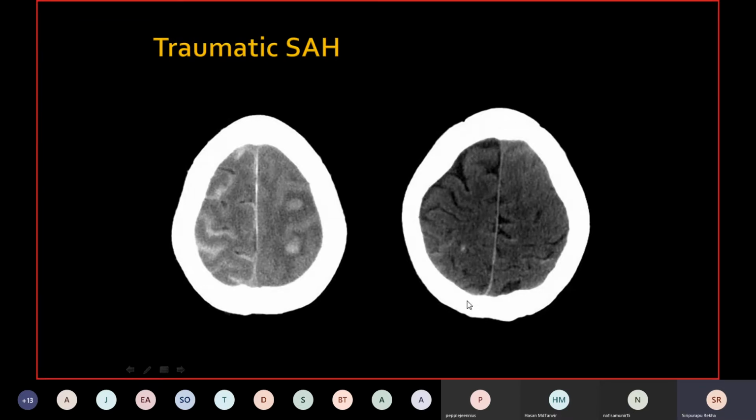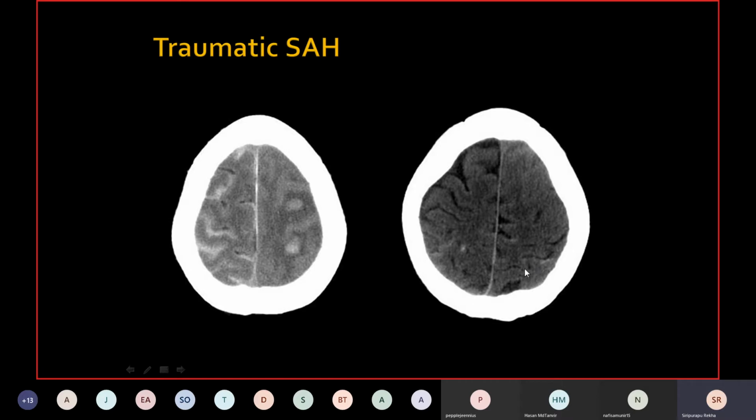I know you're all familiar with CT negative subarachnoid hemorrhage, and on day one, it's said that the sensitivity of CT for picking up subarachnoid hemorrhage is 95%. Now with volume imaging and better scanners, I think it's slightly more than that, but it is not 100%. As you go to day 2, day 3, day 4, the sensitivity drops dramatically, to the point that by day 4 post subarachnoid hemorrhage, the sensitivity might be less than 50%.